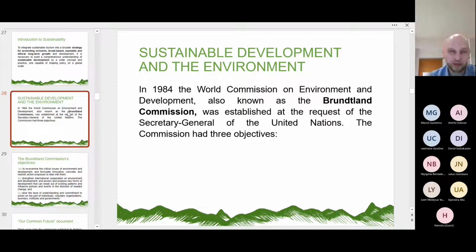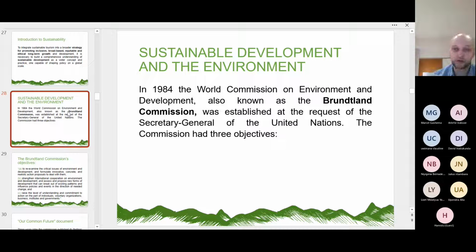The Brundtland report is a document published by the Brundtland Commission in 1987. The commission was established in 1984. It was the World Commission on Environment and Development, and it was established at the request of the Secretary General of the United Nations.